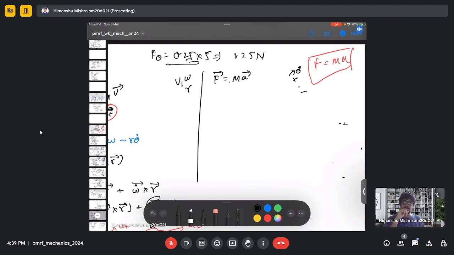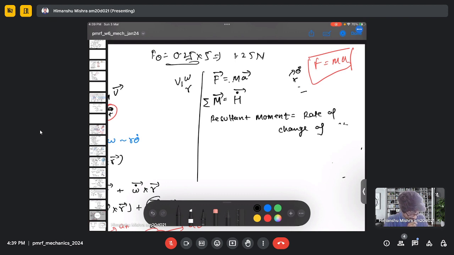For rotational motion, we are more interested in finding the moment, which can be given as the rate of change of angular momentum. So your resultant moment equals the rate of change of angular momentum.